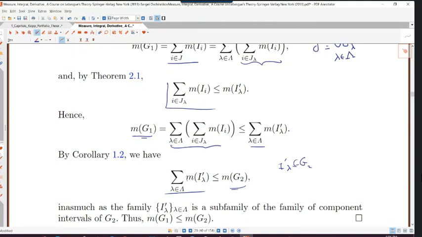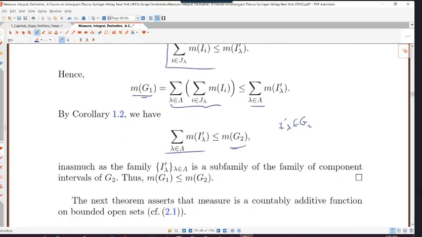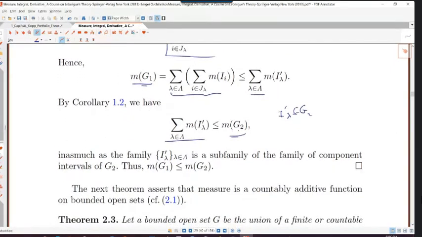Now, inasmuch as the family I'_lambda is a subfamily of the family of component intervals of G2, thus M of G1 is less than or equal to M of G2.